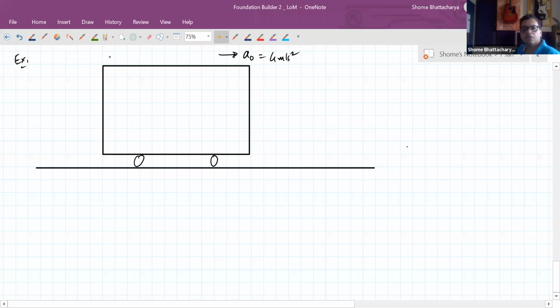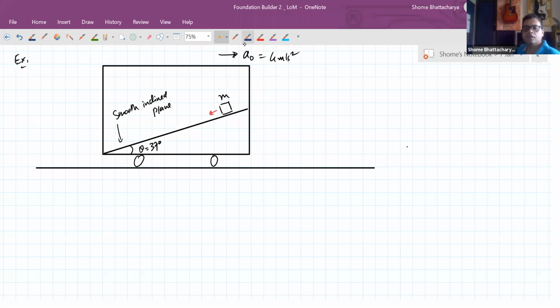And inside this, there is a smooth inclined plane at an angle of 37 degrees. A block of certain mass is released from rest on the inclined plane. So it starts sliding downwards like this, and we have to find out the acceleration of its motion.